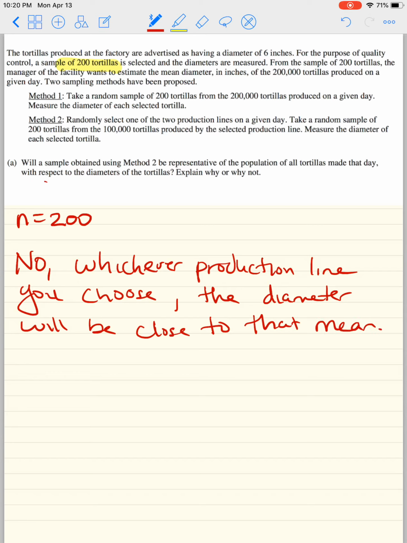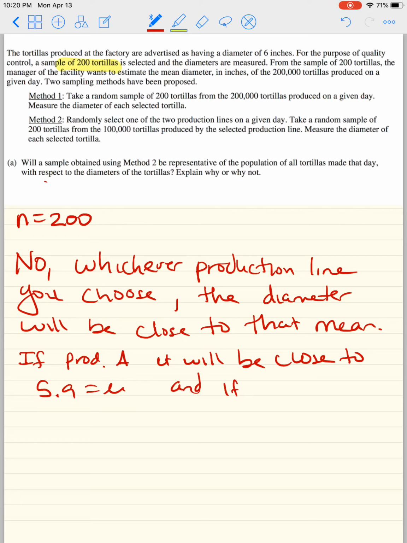So I'm going to say if production line A, it will be close to 5.9, and if B, it will be close to mu equals 6.1. So it won't be representative of the population. So that answer is no, and I hope that makes sense.